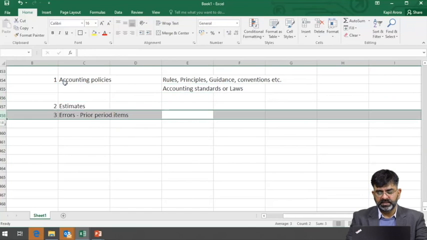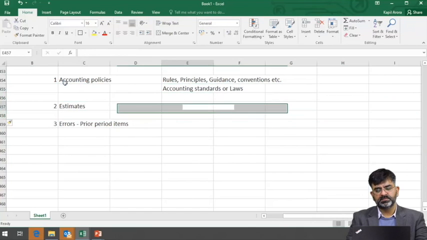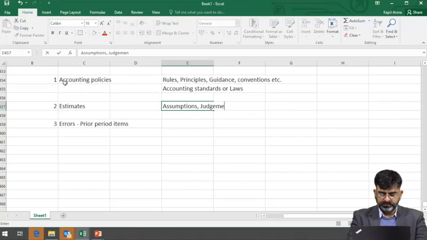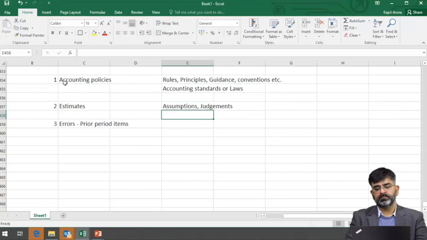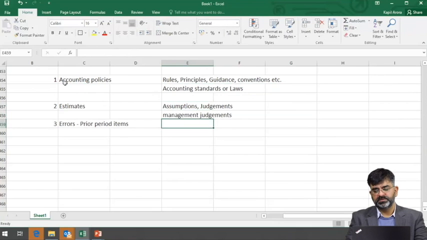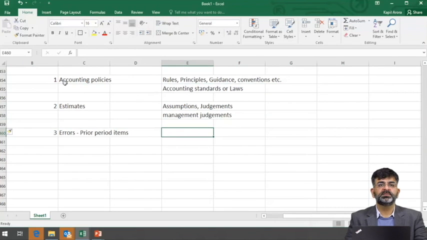Now what is an estimate? Assumption, exactly, or judgments. Where do these come from? Management judgments many a times. Now what would be the error?